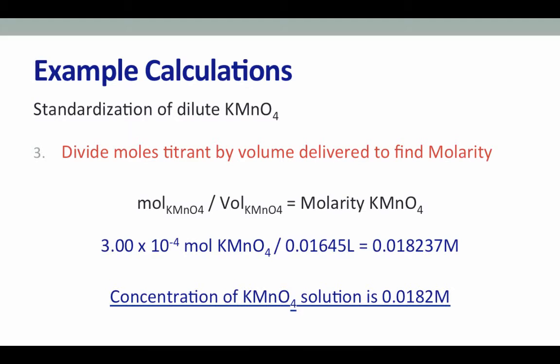With the values that I used in my practice calculations, I found that the concentration of my potassium permanganate solution was 0.0182 molar. You should take special care with your significant figures when doing these types of calculations. Remember that the number of sig figs is going to be limited by the known concentration of your titrant and by your volume measurements.